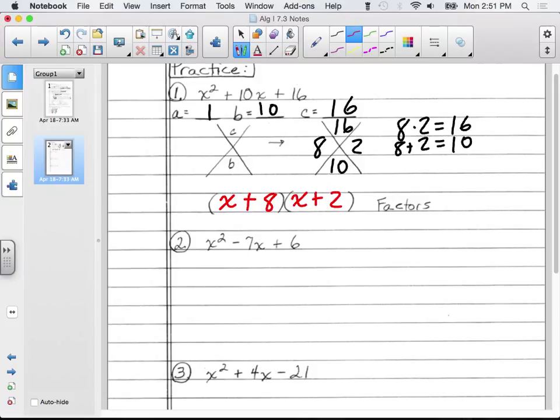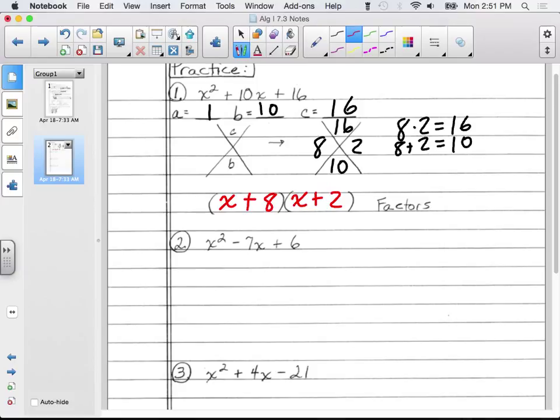So who thinks they're really good at FOILing or multiplying binomials in their heads? Russell. All right, so let's just FOIL this in our heads real quick. So we do our F step, what do we get? X squared. Our O step, what do we get? 2x.